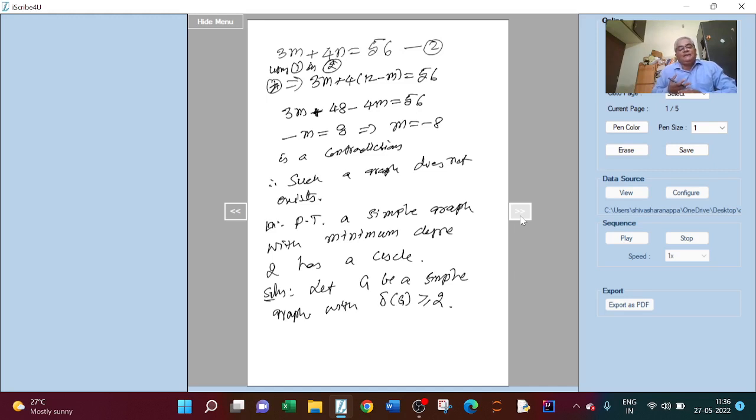Without loss of generality, let G be connected, or otherwise we can consider the connected component of G. Now I have considered that G is connected.